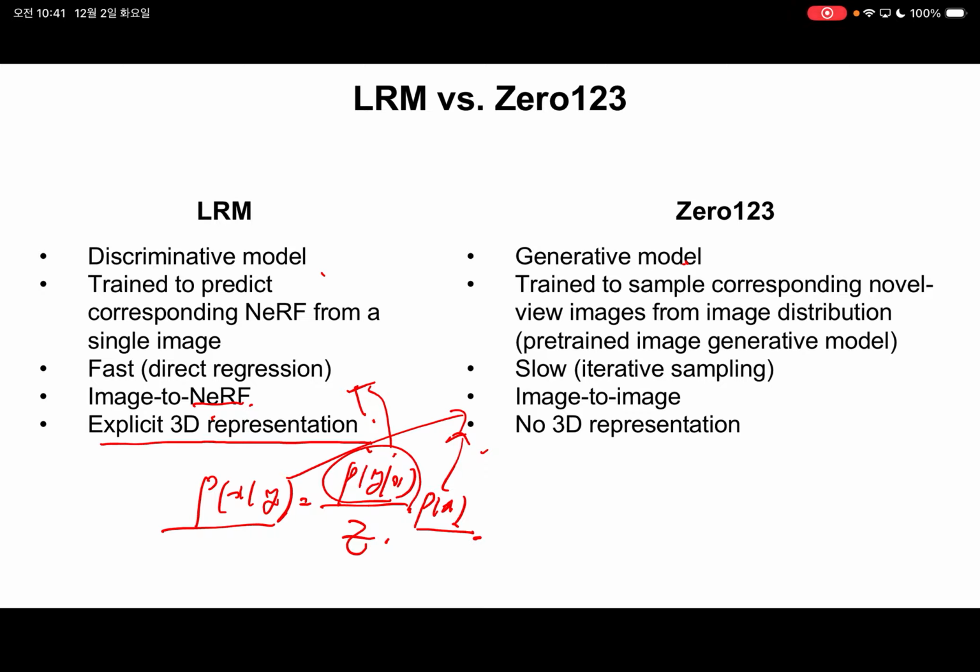So the pre-trained image generative model is pre-trained on an external dataset, right? Let's say we have a huge amount of images, then the image generative model is pre-trained on such kind of external datasets, and then using such a pre-trained image generative model, Zero-1-to-3 tries to fine-tune the pre-trained generative model to generate images from novel viewpoints.